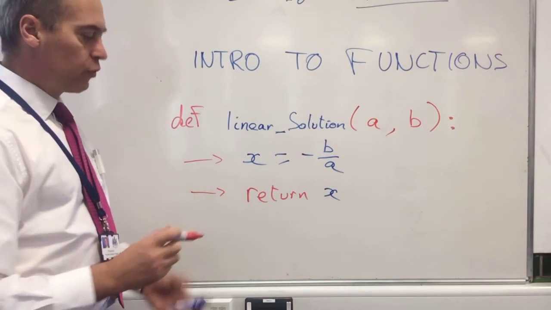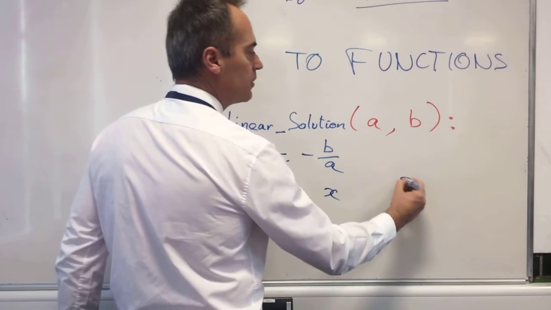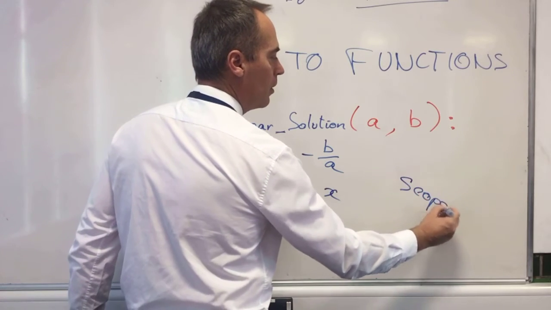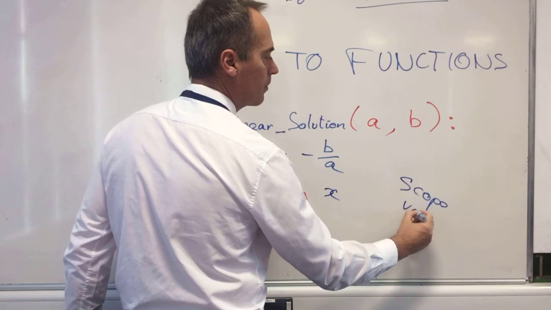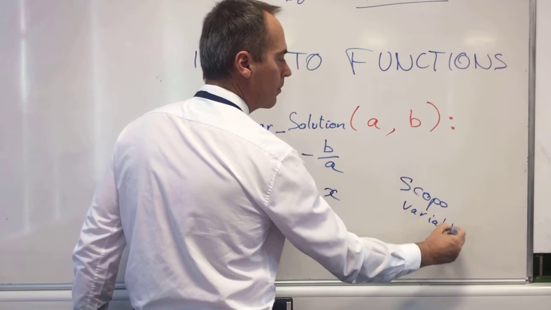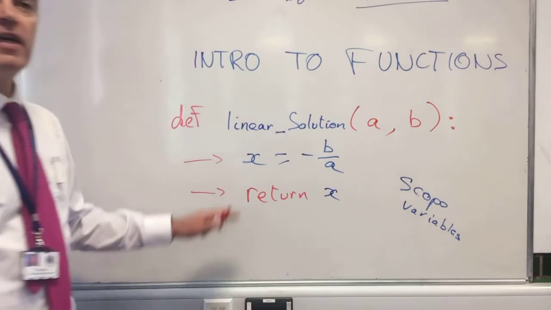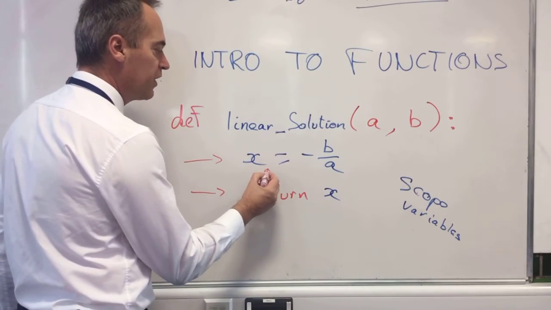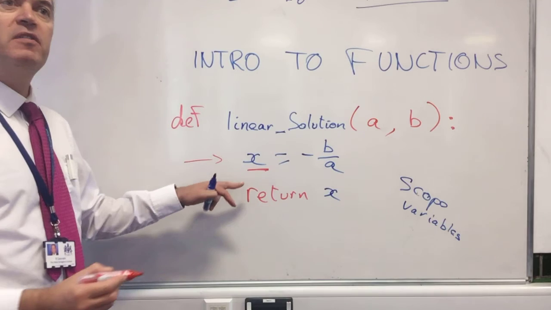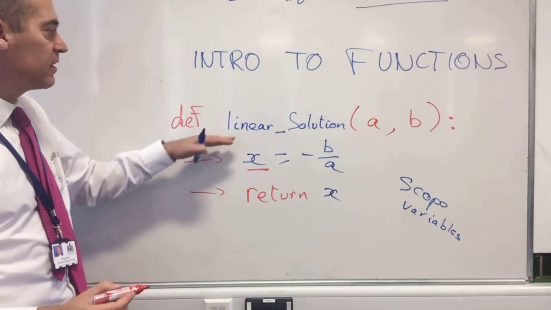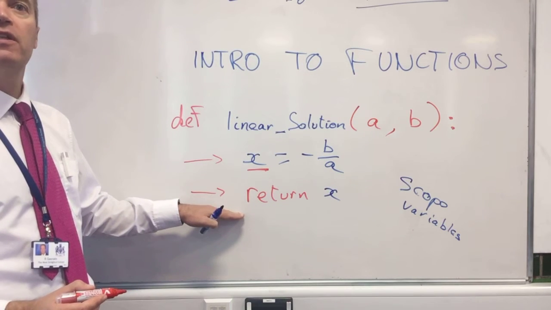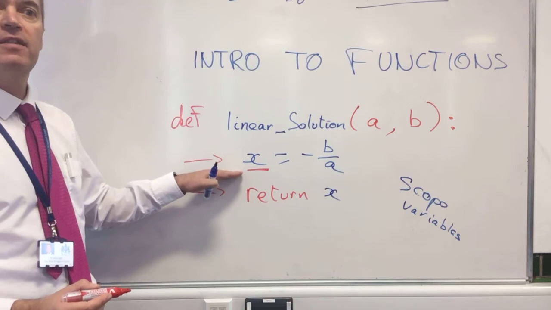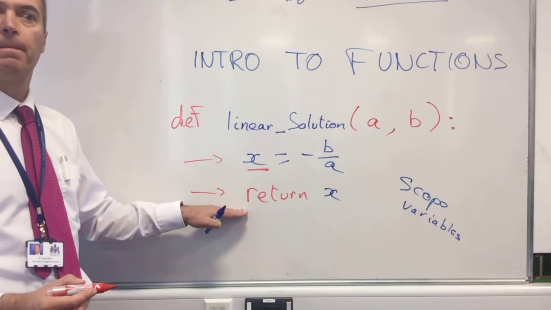Another thing we need to talk about, and this is an important keyword, is the scope of your variables. So here, in this example, and I did it on purpose, I have created this variable x, but this variable x being created inside my function linear solution, it only exists inside the function.